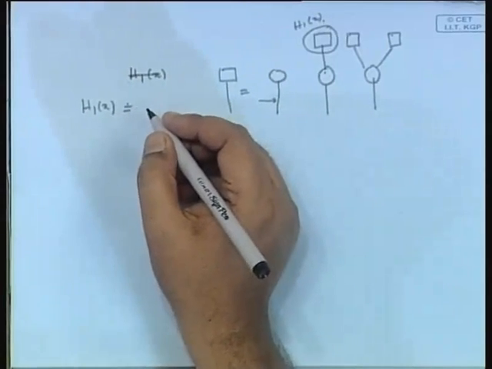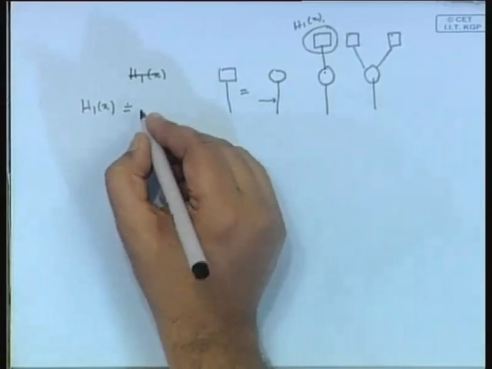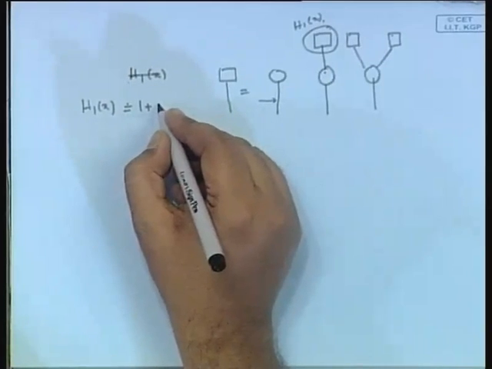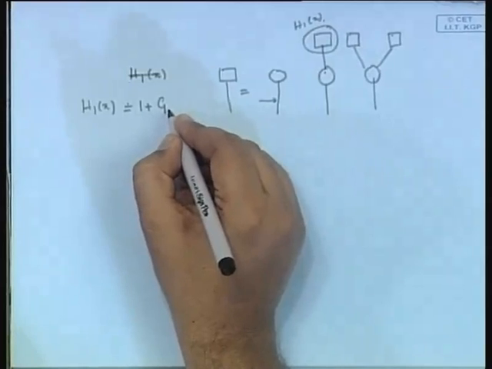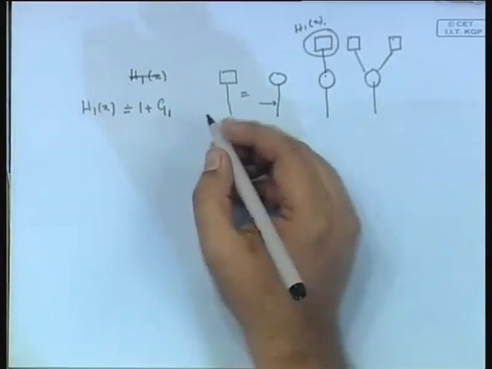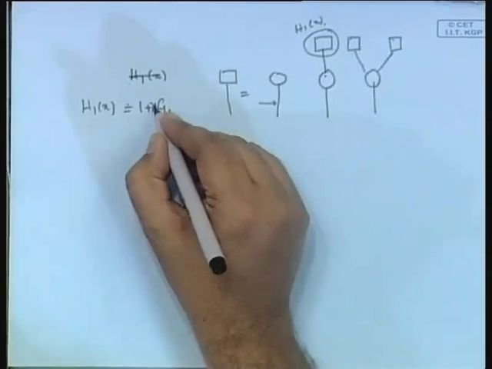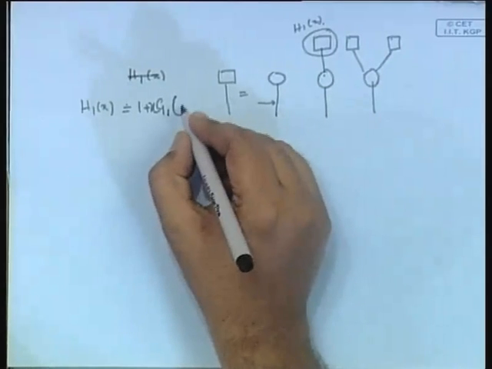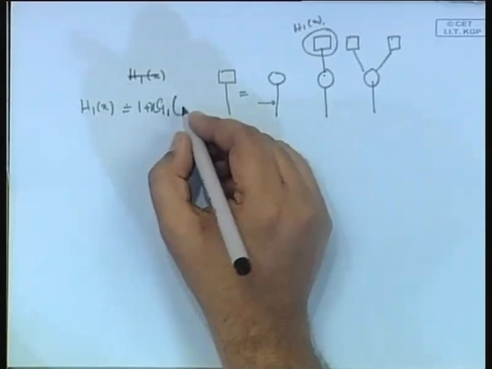So what was H1x? Tell me the formula of H1x. It was 1 plus x times G1 of H1.